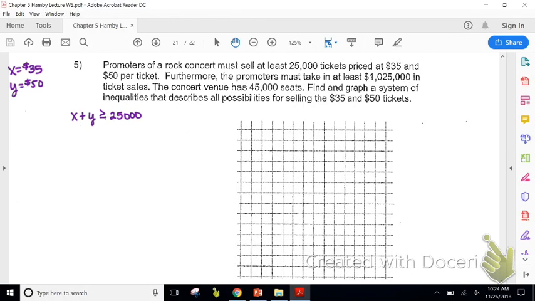They need to bring in $1,025,000. So how are they going to get that money? The tickets. So it's $35 for a $35 ticket, and it's $50 for a $50 ticket. And it says at least, so it means greater than or equal to $1,025,000.